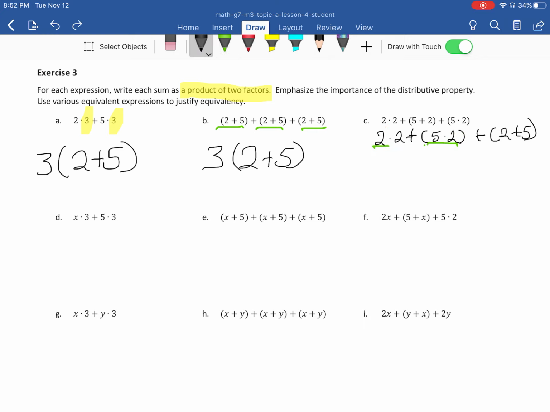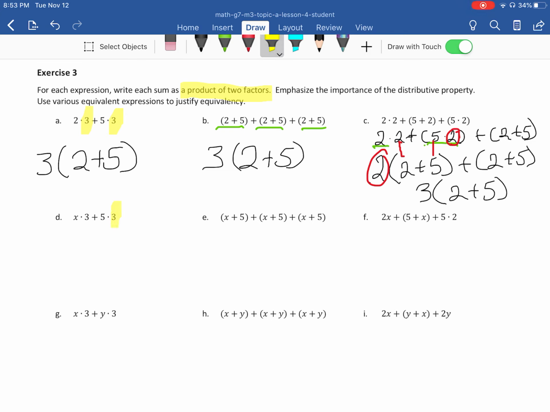So if I rewrite it 2 plus 5, this 2 right here kind of becomes this 2 as well. And then this 2 just gets brought right back down, and this 5 gets right back down. Let me rewrite the rest of the expression, 2 plus 5. And then now I have 2 groups of 2 plus 5 plus another group of 2 plus 5, which equals 3 times 2 plus 5.